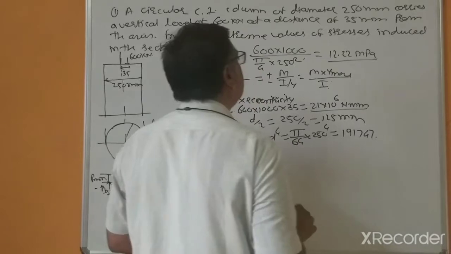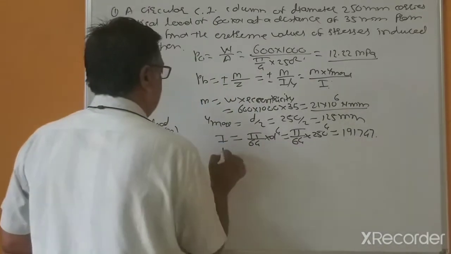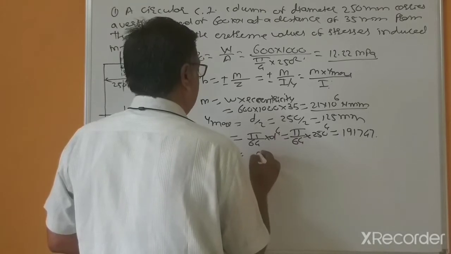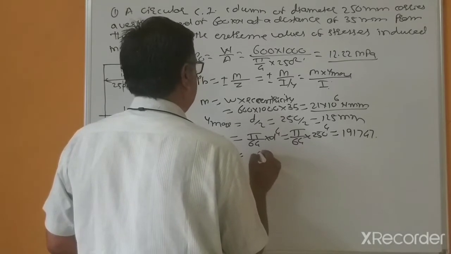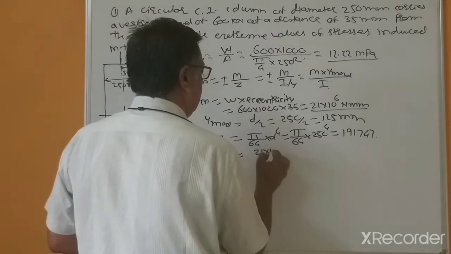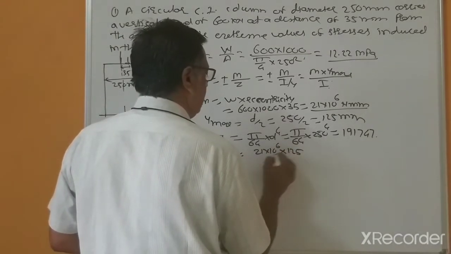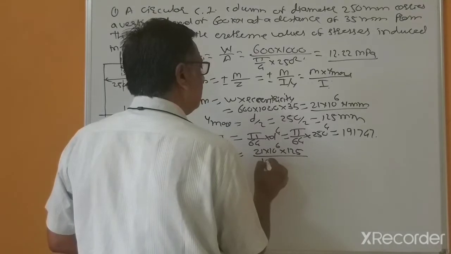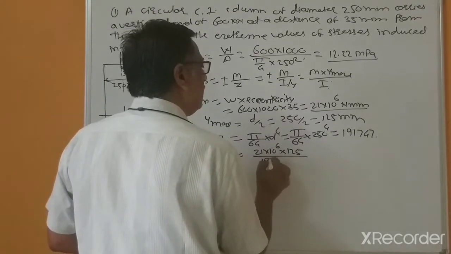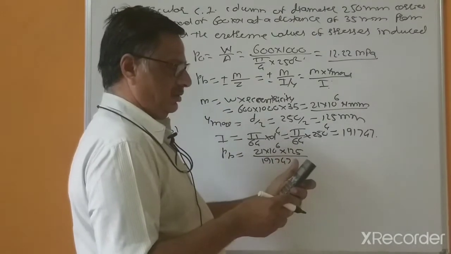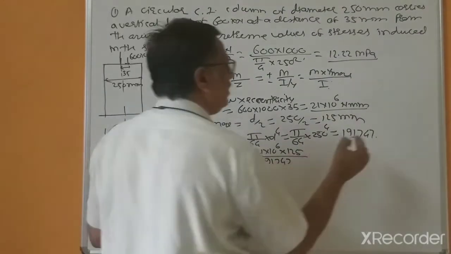So sigma b equals moment, 21 into 10 to the power 6, multiplied by 125 divided by 191,747.